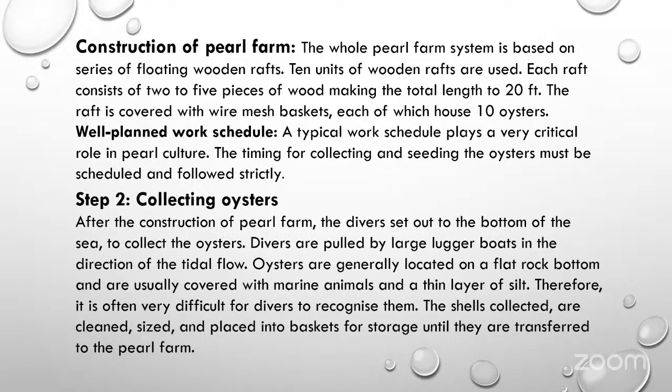Next is collecting oysters. After the construction of the pearl farm, the divers set out to the bottom of the sea to collect the oysters. Divers are pulled by large lugger boats in the direction of the tidal flow.